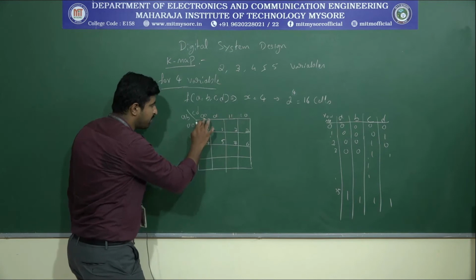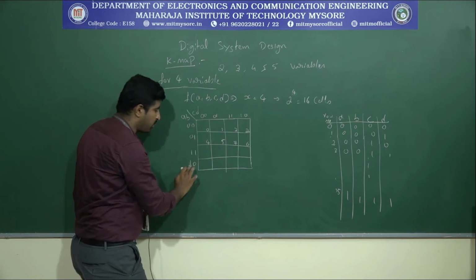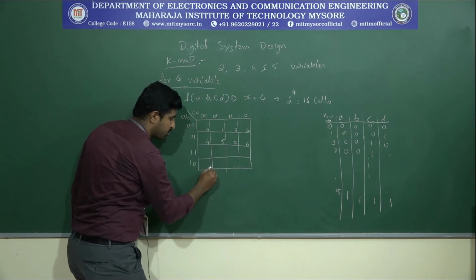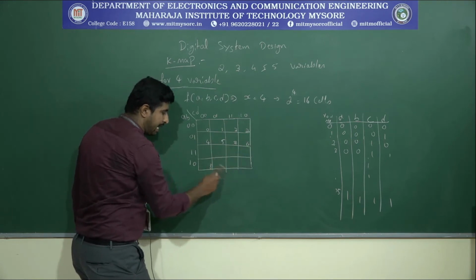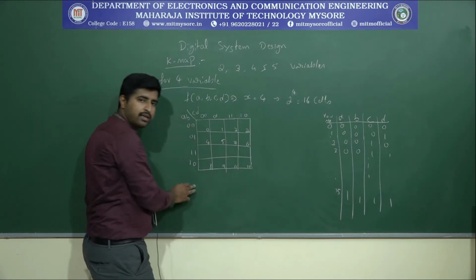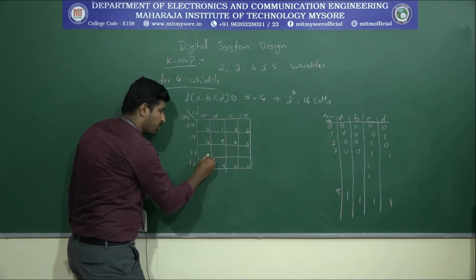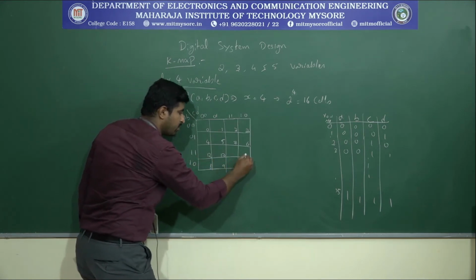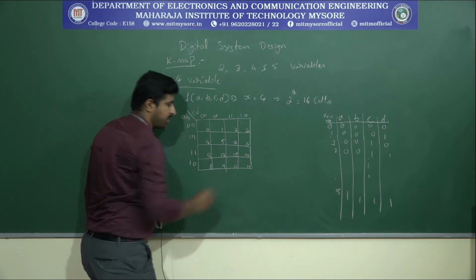Next 1 1 0 0, that means first let's come to this one, 1 1 0 0. This corresponds to 8, then 9, 10, 11, and then 12, 13, 14, 15.